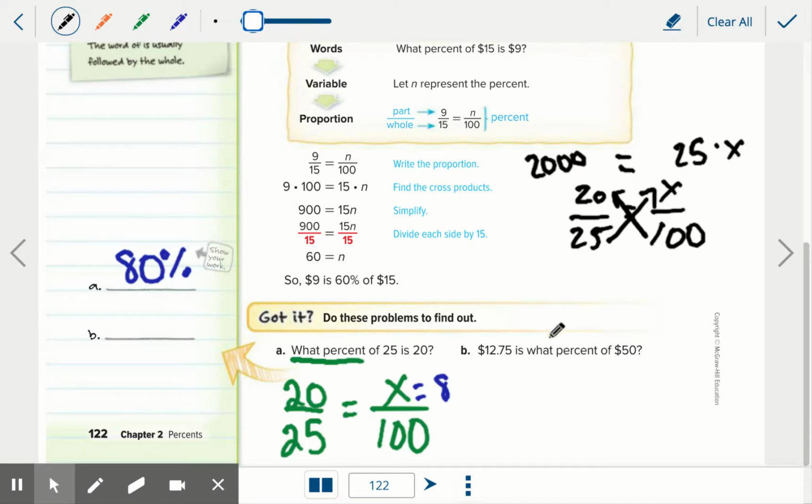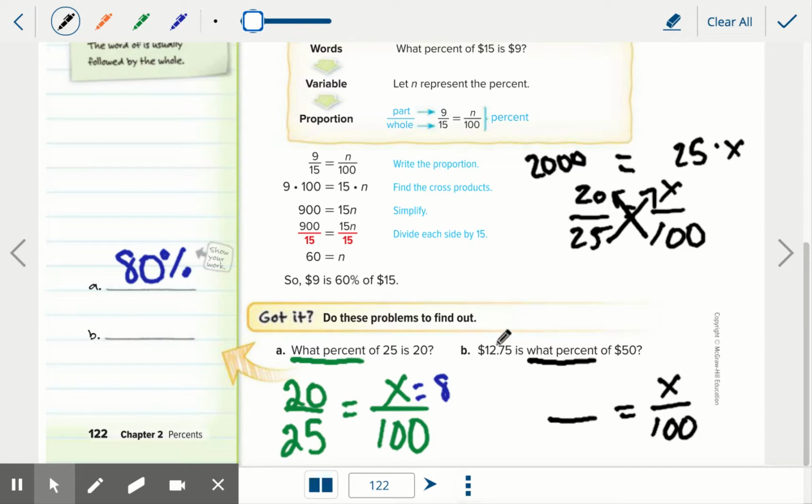So let's look at letter B. $12.75 is what percent of 50? Again, this is looking for a what percent. So if it's looking for a what percent, I'm going to have my x over 100. And I've got to figure out what my is over my of, my part over my whole. Well, $12.75 is what percent of 50?